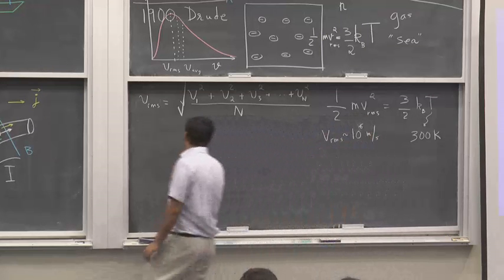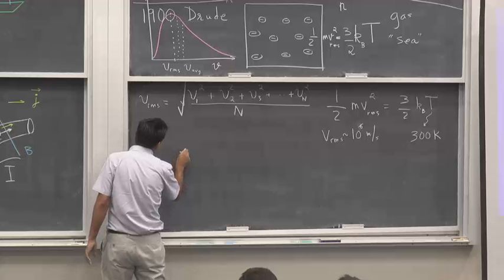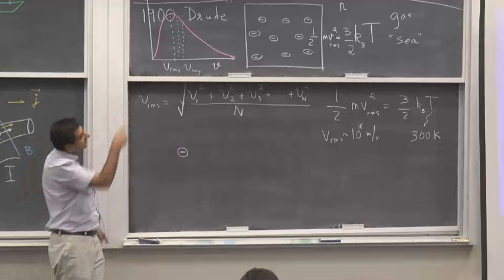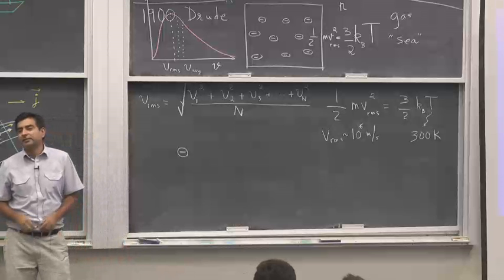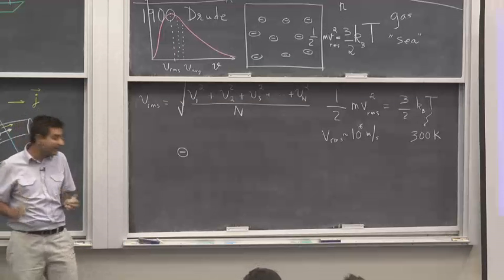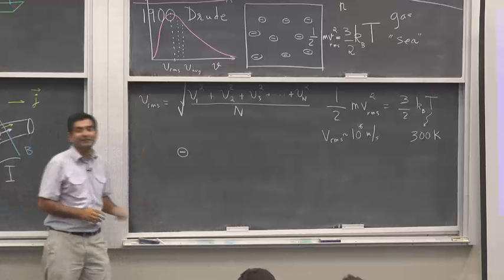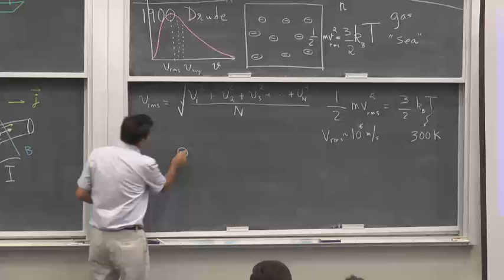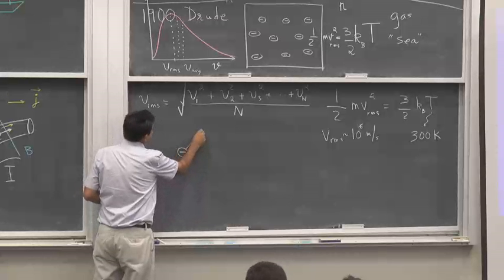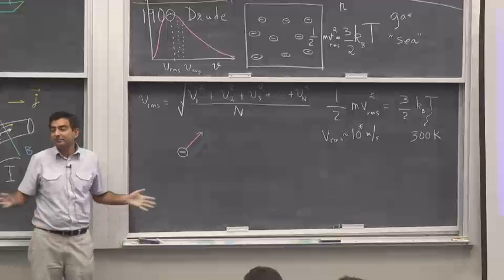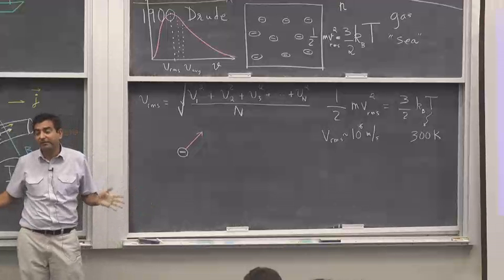Alright, so if I focus my gaze on a single electron inside this metal, it's moving with an exceptionally high speed, but that velocity is changing all the time. This arrow now shows the trajectory of the electron. The speed is 1% of the speed of light, really high.